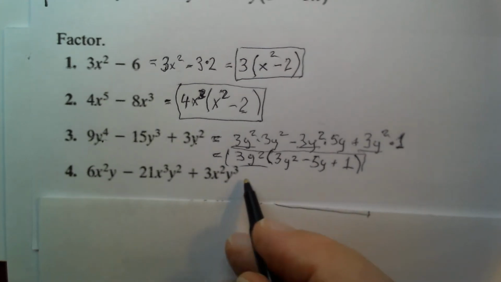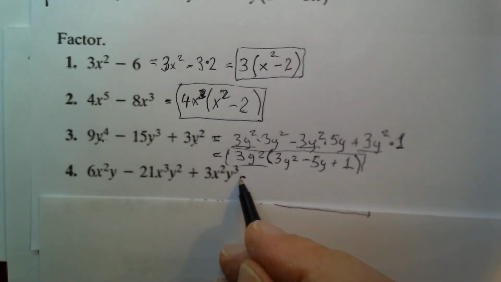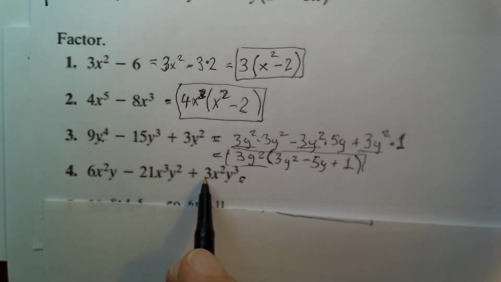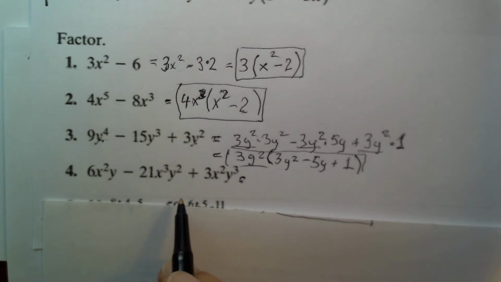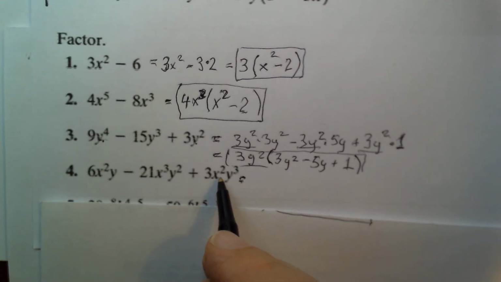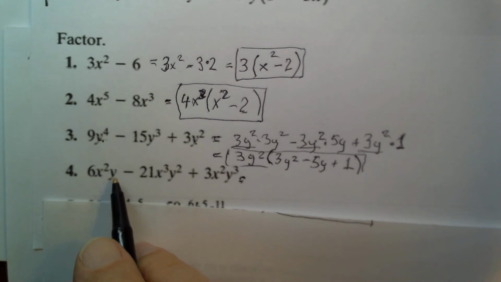And when we look at the next exercise here, again, we look at the coefficients, and we know that 3 is a common factor. Furthermore, xy appears in each term. The smallest power of x is x squared, and the smallest power of y is simply y.